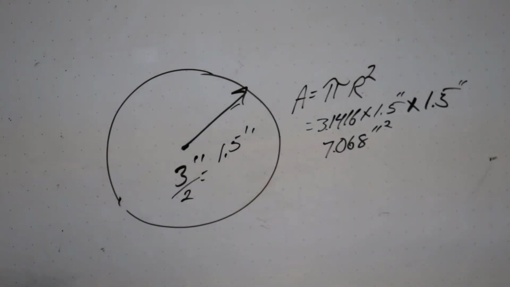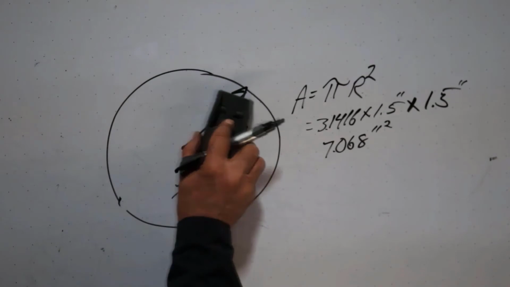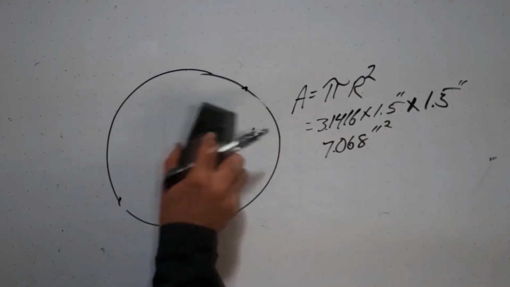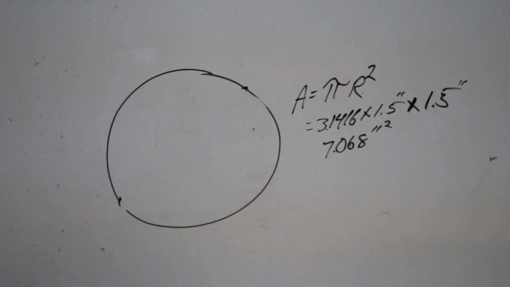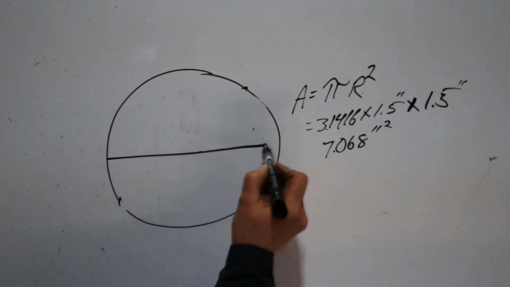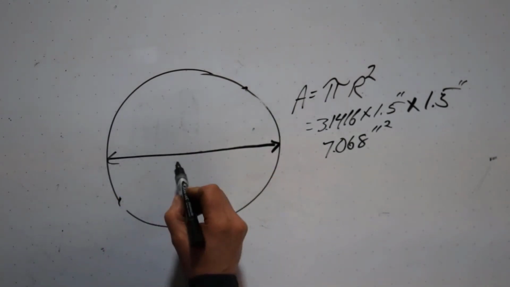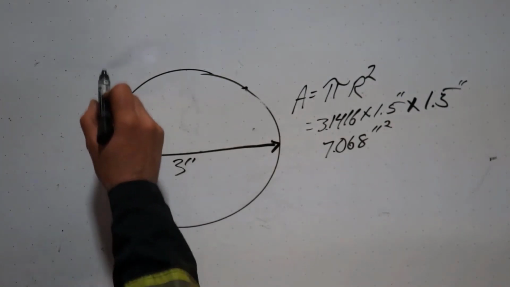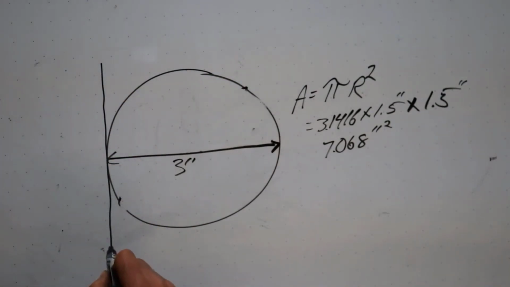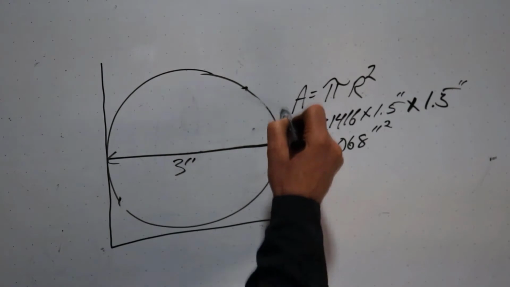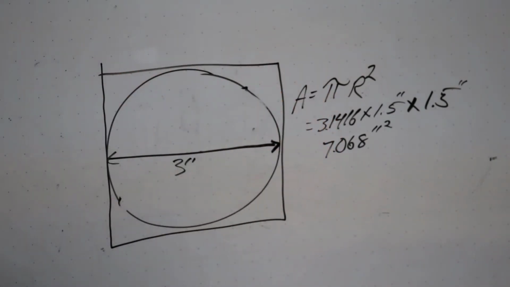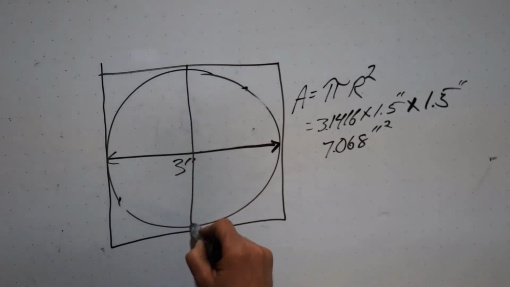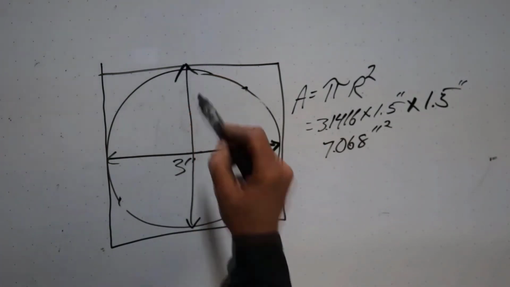Now there is a different way to figure this out as well. I know my diameter is 3 inches. And if I go and make a square around this, that's supposed to be square. Okay? So I know this is 3 inches and this way is 3 inches.